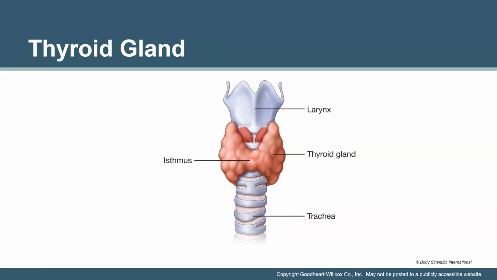So thyroid hormone includes T4 and T3. We already mentioned, thyroxine is T4. Triiodothyronine is T3. These are secreted by follicular cells of the thyroid into a network that surrounds each follicle.